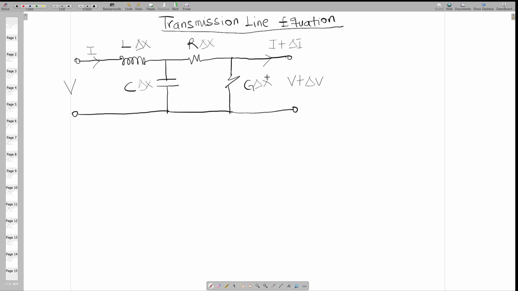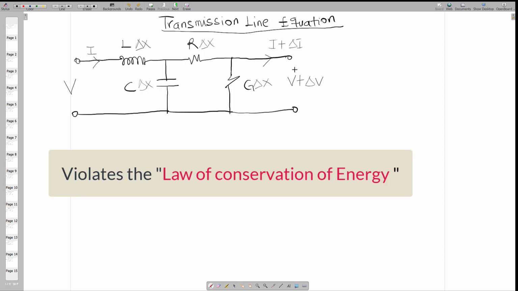This is because if I apply a voltage at the input of this transmission line, at the output I should expect something equal to V or less than V. It can't be more than V. The same thing applies to I. If I have a current I over here, the current that should appear at the output of the transmission line should be equal to this I or less than this I. It shouldn't be more than I. If it becomes more than I, then it means we have violated the law of conservation of energy.